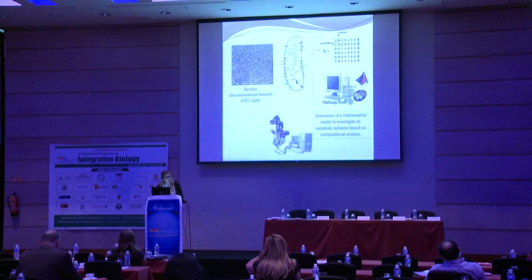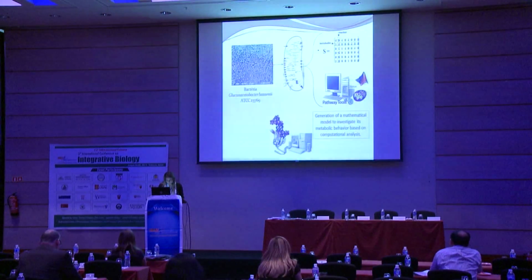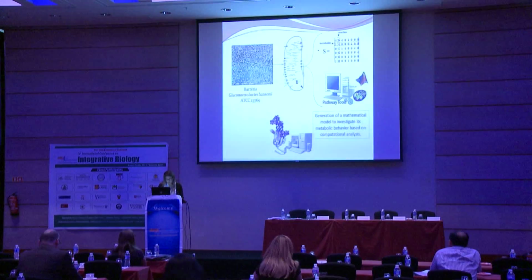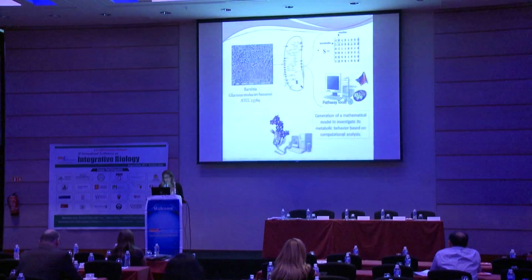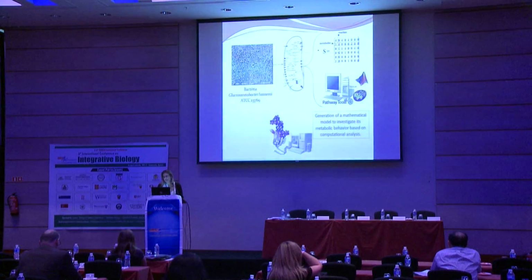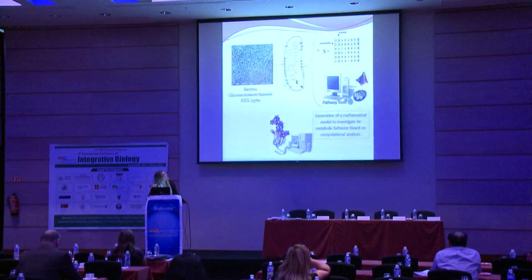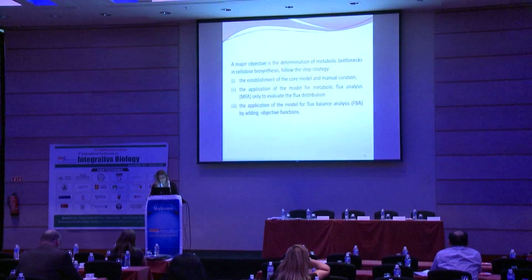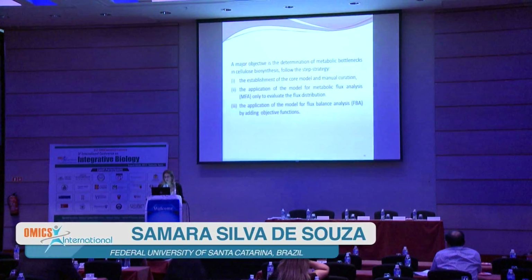So the goal is actually to choose an organism, here Gluconacetobacter ginseng, and apply the principles and the information sciences so you can generate a mathematical model to investigate its metabolic behavior based on computational analysis. So as you can see here, the major objective is the determination of metabolic bottlenecks in cellulose biosynthesis.